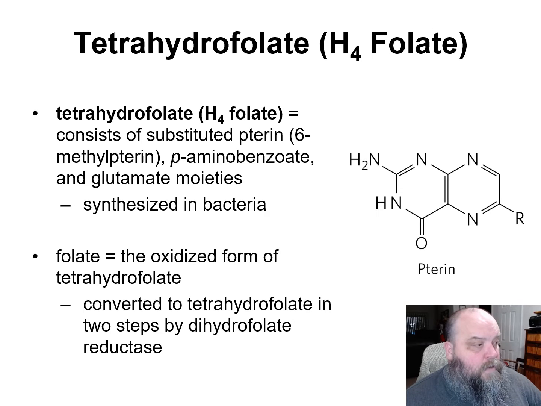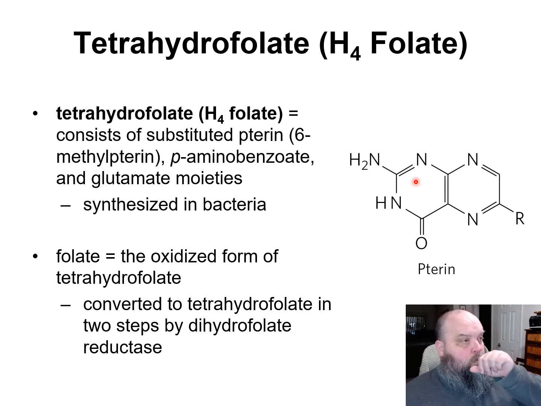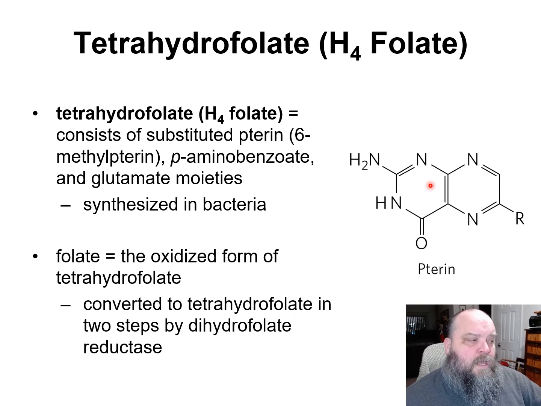The tetrahydrofolate has a pterin, which is 2 nitrogen rings. I'm sorry, carbon rings. I forget how you would phrase this one. Do you call these carbon rings or nitrogen rings? Anyway, you have 2 six-sided rings that attach to each other.